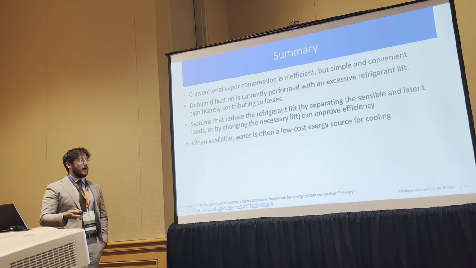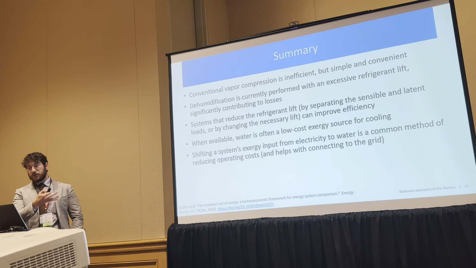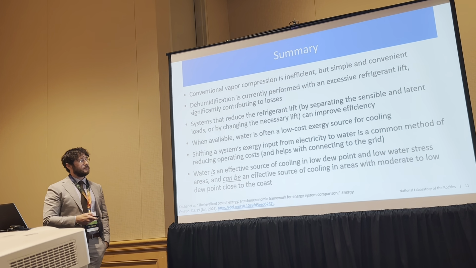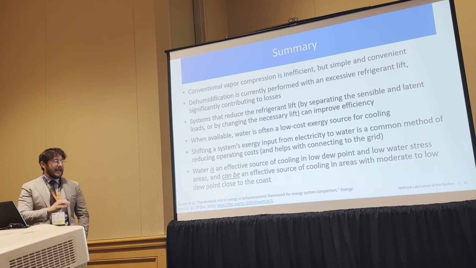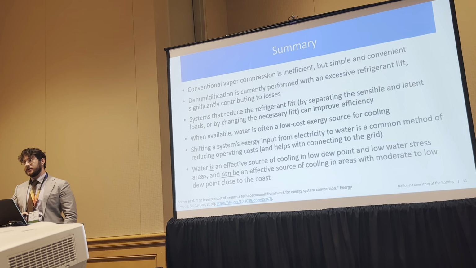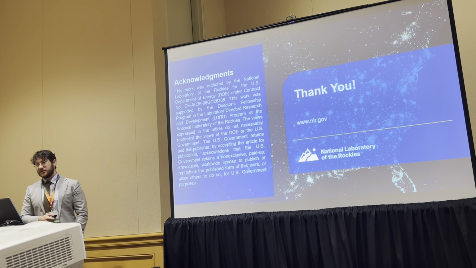When available, water is often a low-cost exergy source for cooling. Shifting that system's exergy input to a cheaper source like water reduces the cost to operate it. And we know that water is an effective source of cooling, and it can be an effective source even in locations that are water stressed if you use it with desalination. So with that, I'll conclude my presentation, and I'm happy to take any questions.